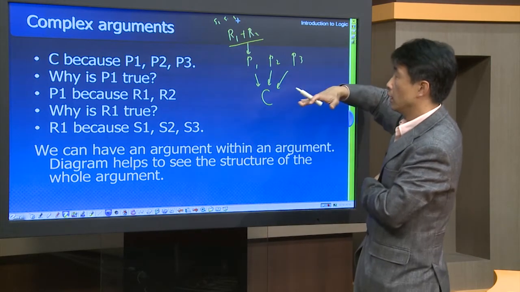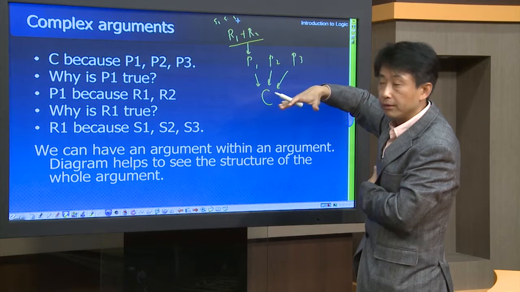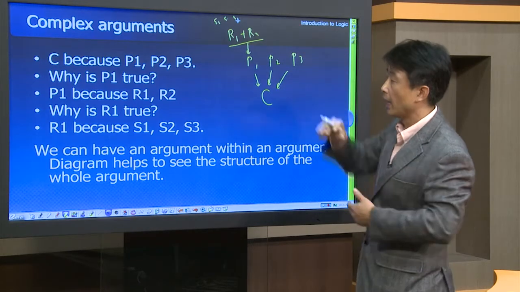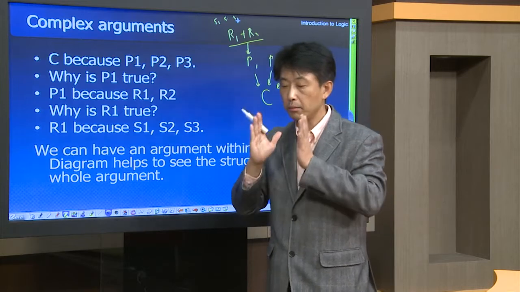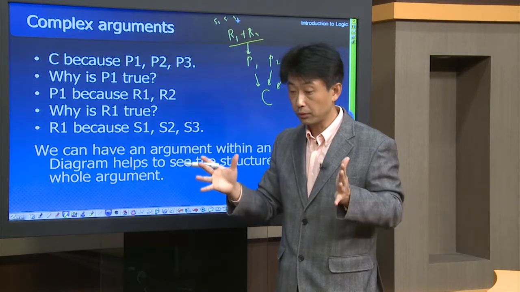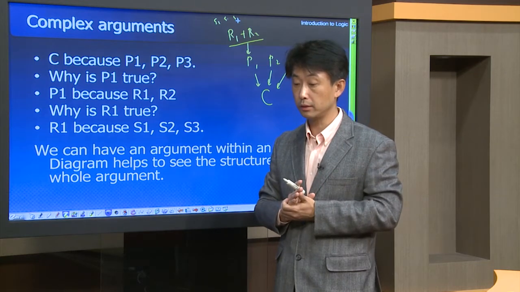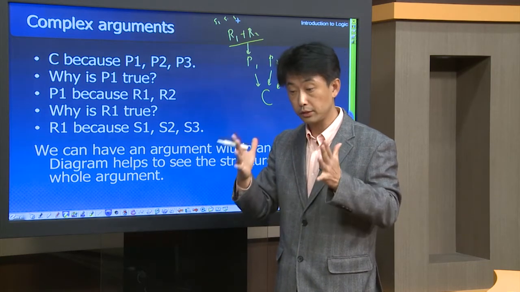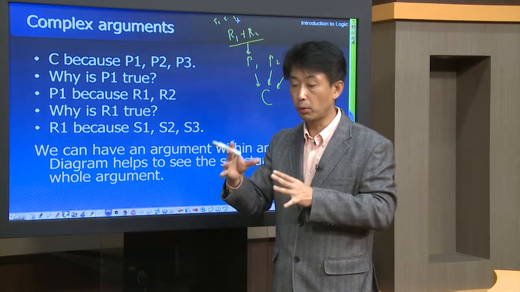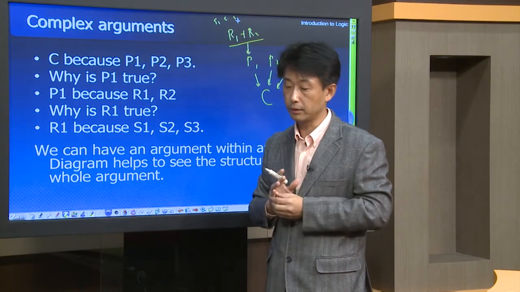An argument may have multiple steps. And the diagramming method can give us an overview of the structure of an argument visually. Okay? We can see right away which part supports which in an argument.